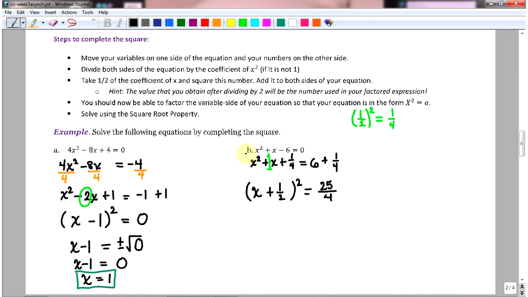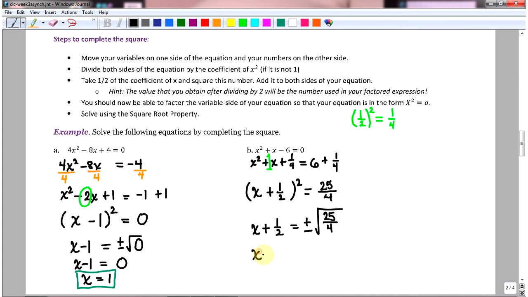All right, so we've done the hardest part. We have something squared equal to a number, so now we can apply the square root property. So that means we're going to drop the square, and now I have to do plus or minus the square root of whatever's on the other side of the equation.